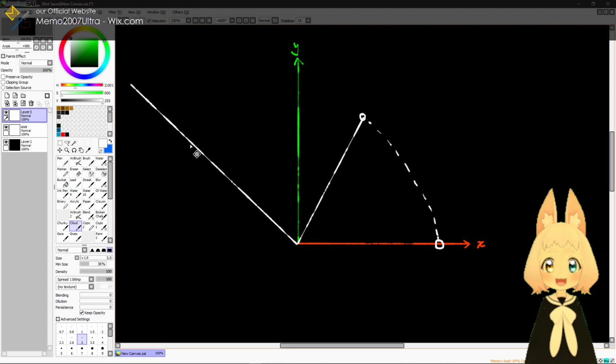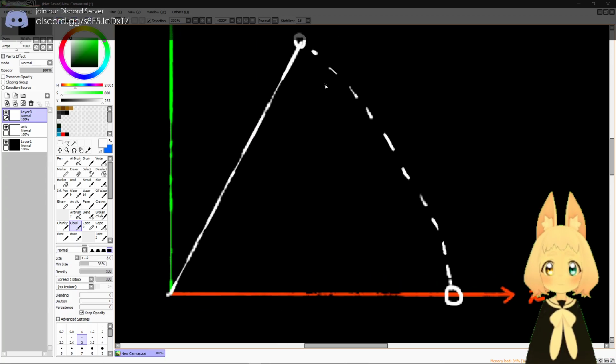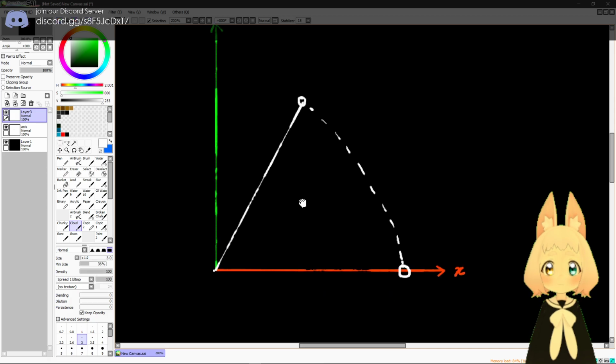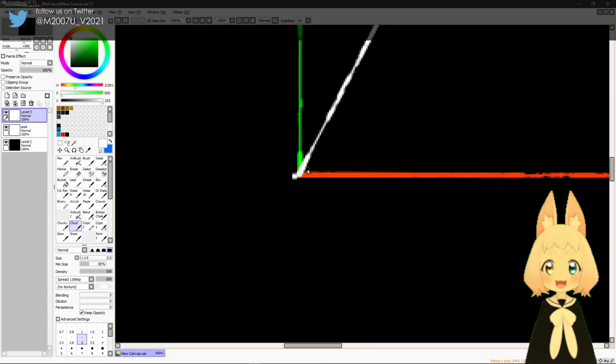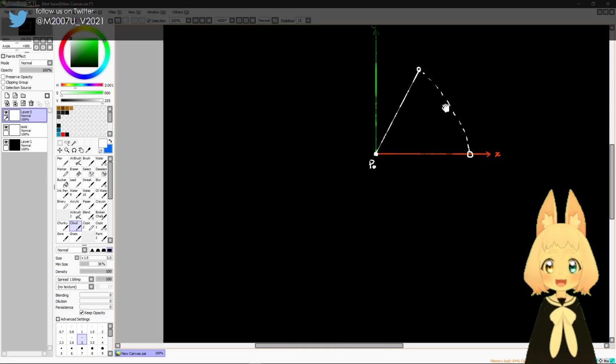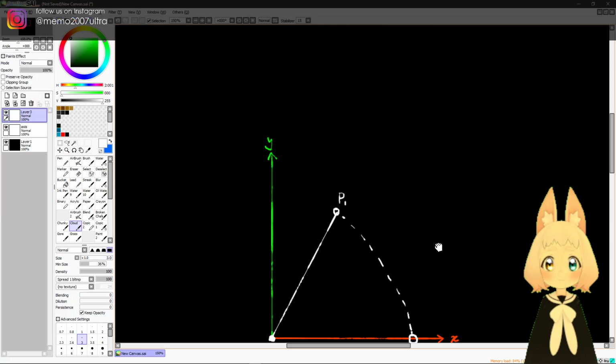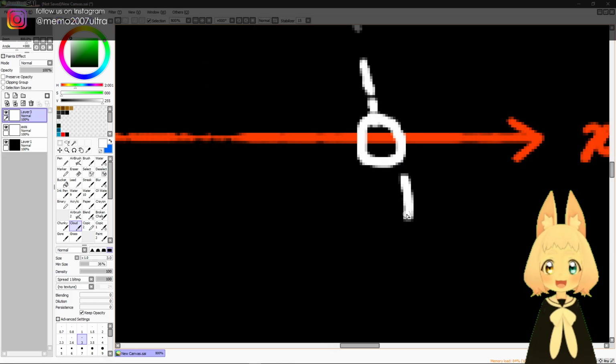Now, first let's solve the first step. What is the radius? We need our center point. Let's call this P0, then we have P1, and let's call this P2.